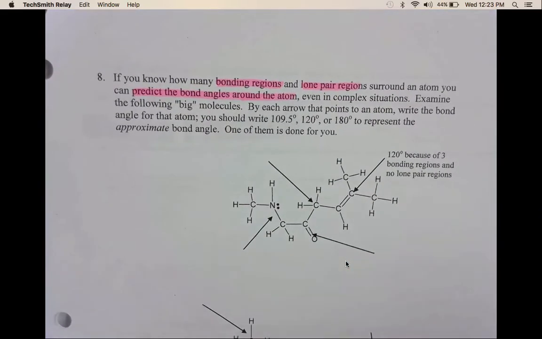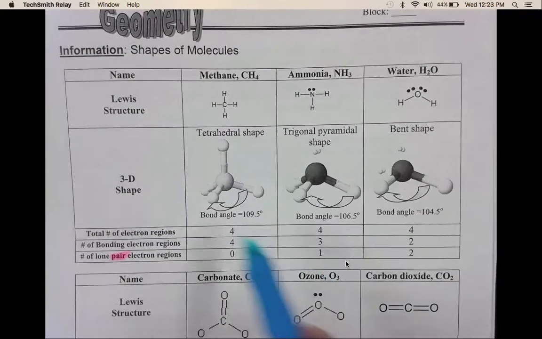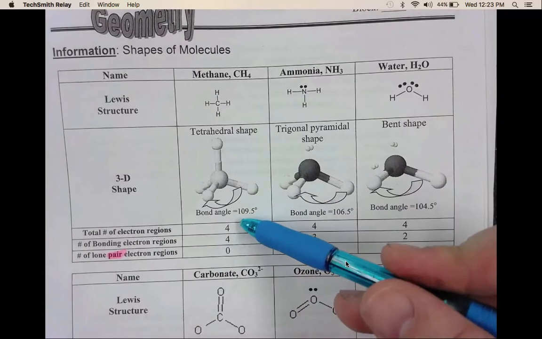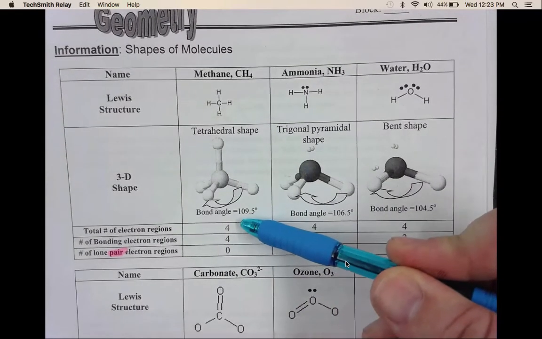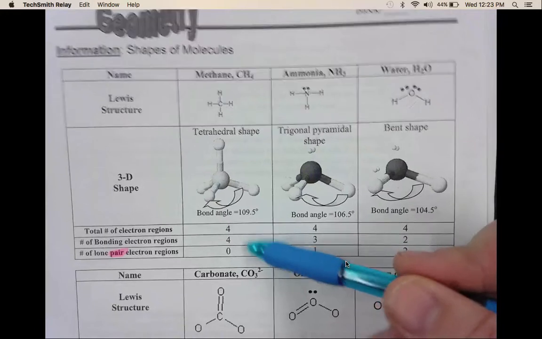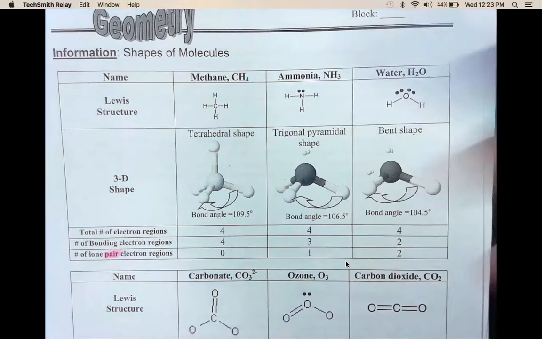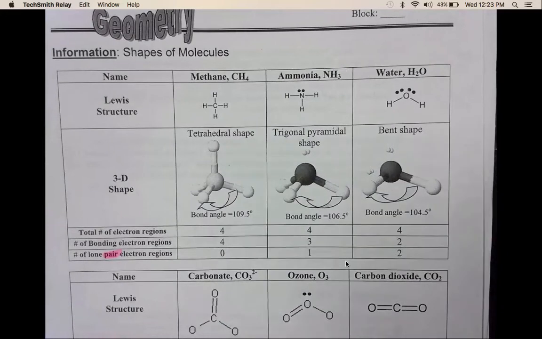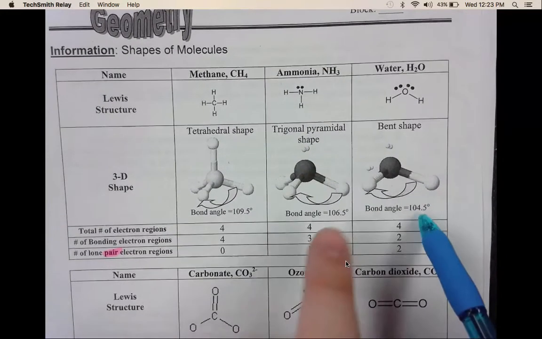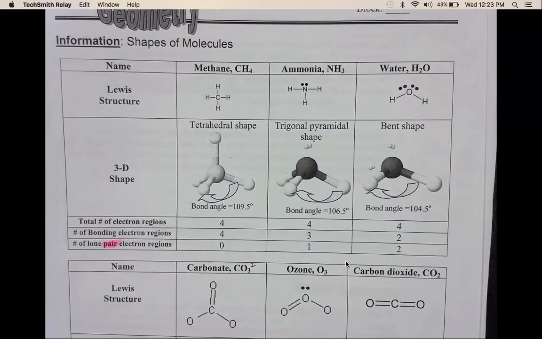Once you identify how many bonding regions and lone pairs you have, then you compare it to the table up front. So remember, if something has 4 electron regions, 4 bonding regions, and 0 lone pairs, it's always tetrahedral and it always has a 109.5 degree bond angle. So just remember that, identify the regions, and then you should be able to identify the bond angle.